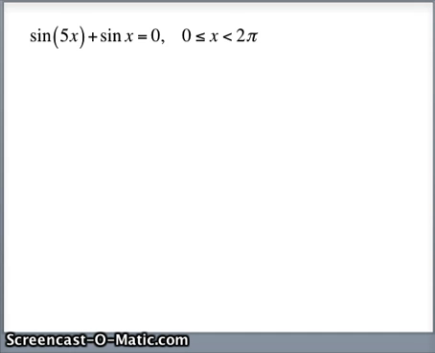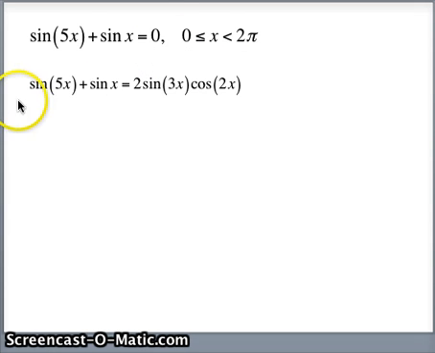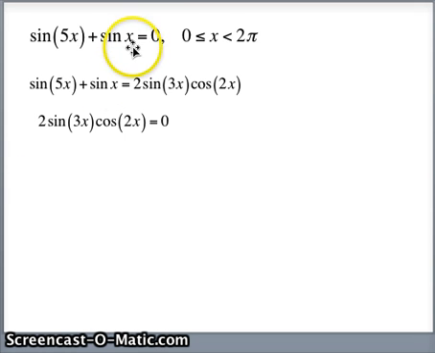We're looking for the values between 0 and 2 pi that will satisfy that equation. Well, we said that sine of 5x plus sine x was simply 2 sine 3x cos 2x. So if I set this equal to 0, then 2 sine 3x cos 2x has to equal 0. 2 can't be 0, so either sine 3x is 0 or cos 2x is 0.